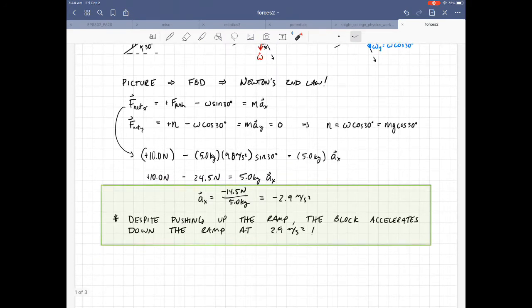So even though we're pushing up the ramp, the component of the weight down the ramp is so much larger than how much we're pushing that the block is going to accelerate down the ramp. So basically, you need to get out of the way because this block is going to run you over.